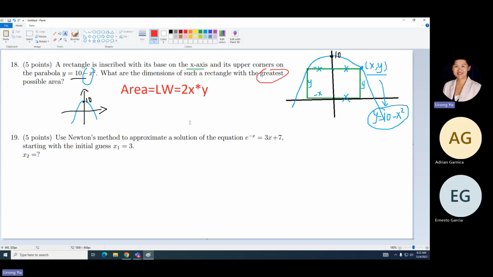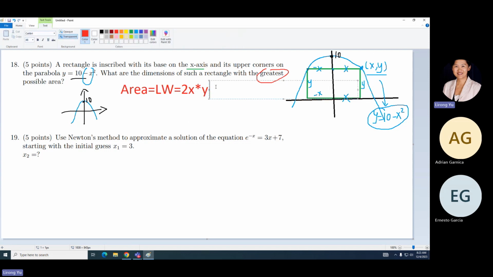And we have the issue that the thing we're calculating has two different variables. But luckily, we have a relation between the variables x and y: y equals 10 minus x squared, so the y value can be replaced by 10 minus x squared. So this area calculation is equal to 2x times (10 minus x squared).